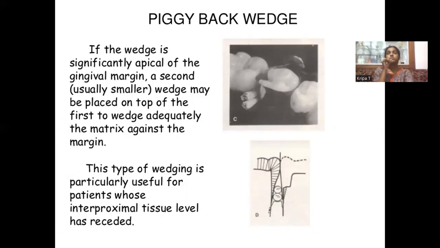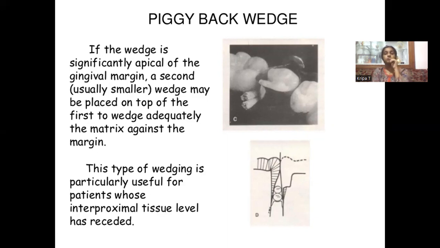So this is about the single wedging technique. Now you have certain specialized wedging techniques for certain special situations. One is piggyback wedging. If the wedge is significantly apical of the gingival margin, a second wedge may be placed on top of the first, adjusting the matrix against the margin.